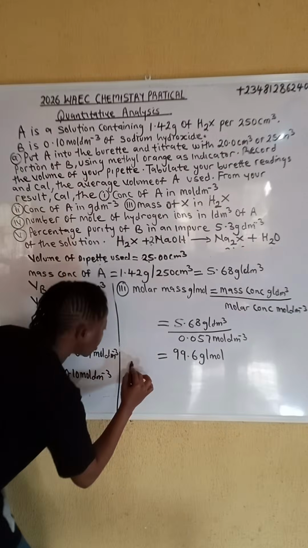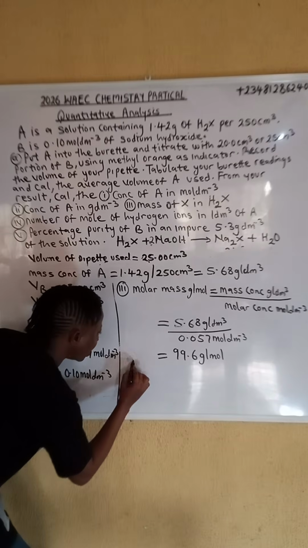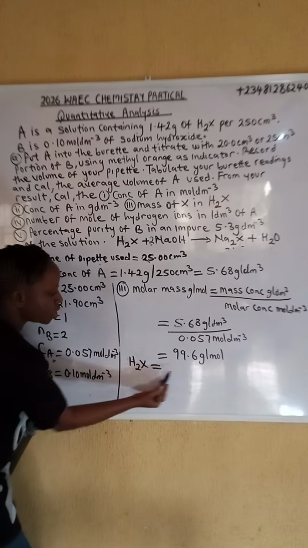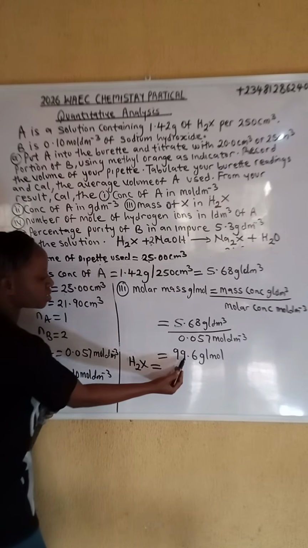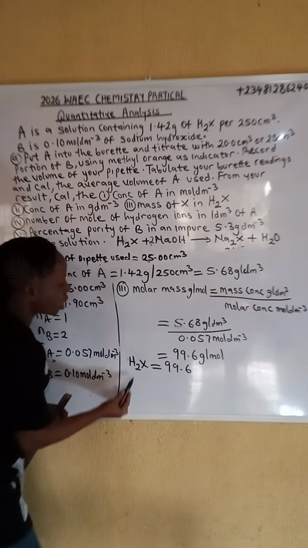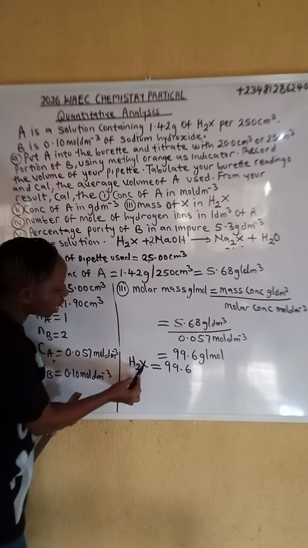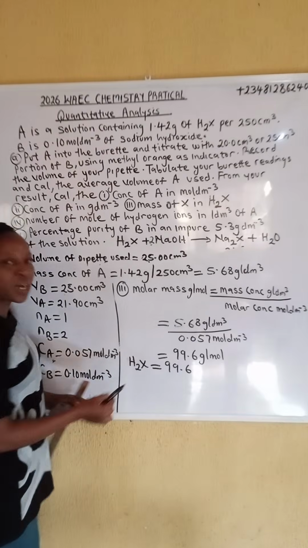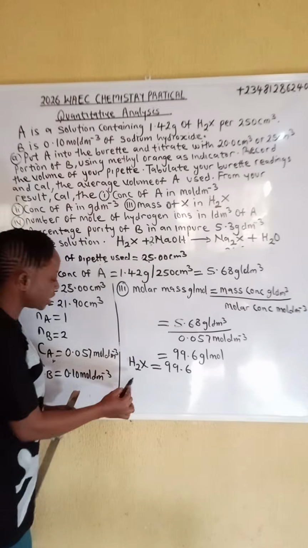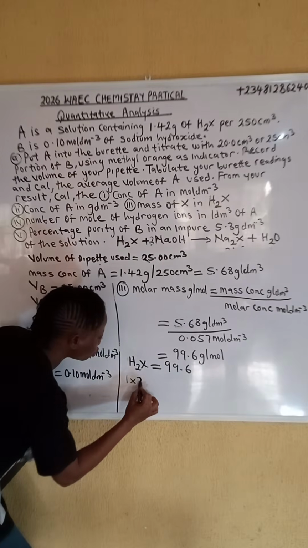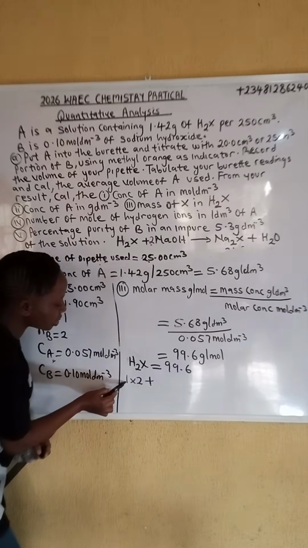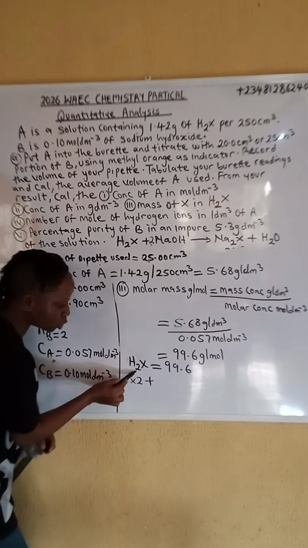Now to calculate the mass of X, we say H2X is equal to the molar mass. The molar mass of this acid is equal to 99.6. Now you are going to add the mass of each atom together to calculate the value of X. So that will be 1 times 2, where 1 is the atomic mass of hydrogen, and you have 2 atoms of hydrogen.